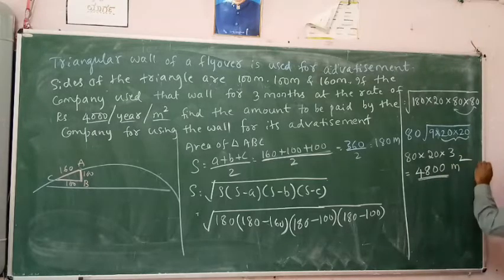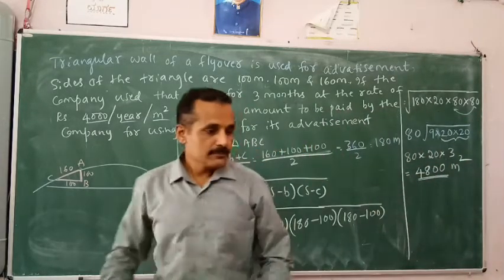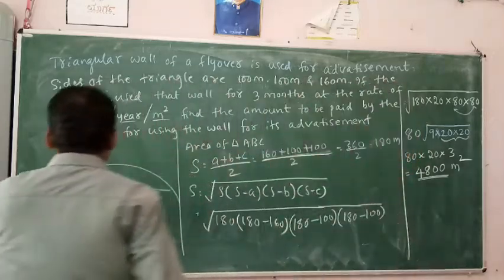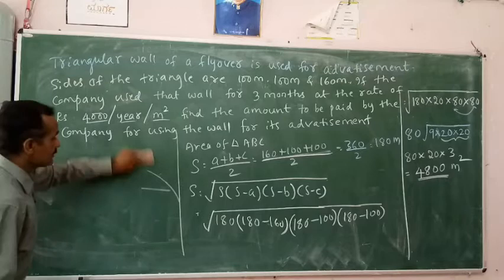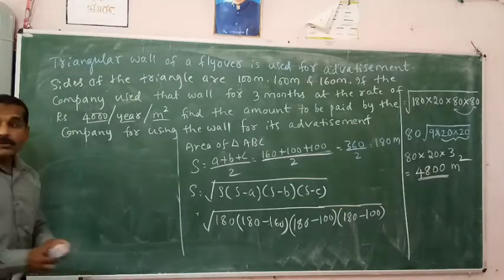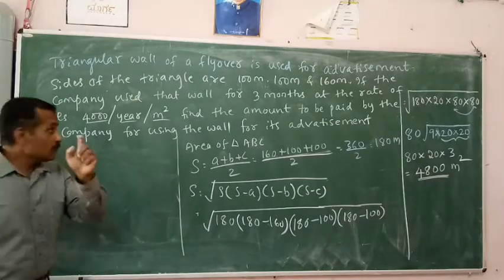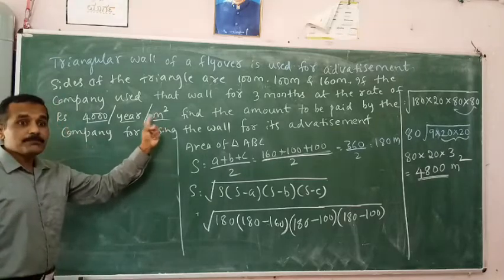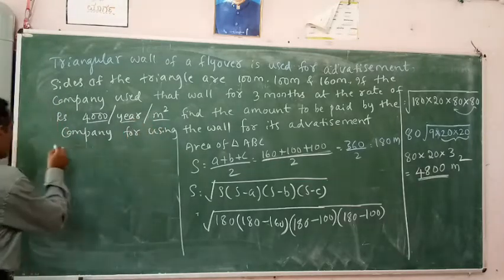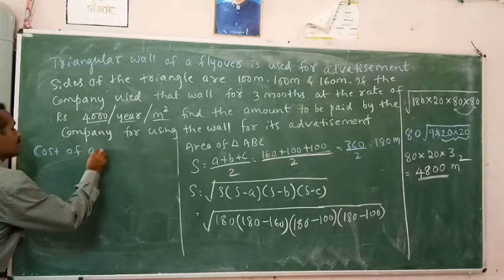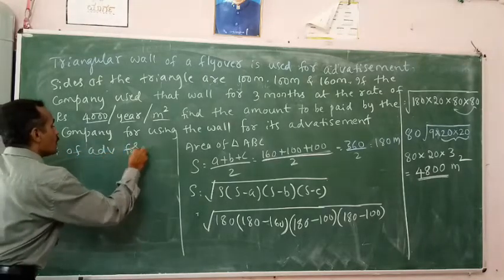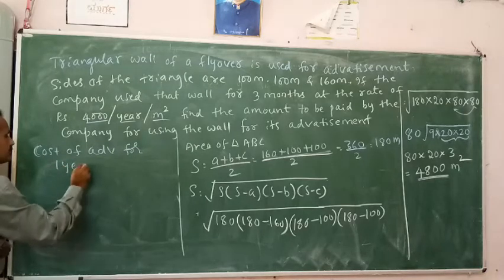4,800 meters square. What is this? This is the area of that wall which is used for the advertisement. Okay, now let me find what will be its cost for 1 year. So I will write cost of advertisement for 1 year.